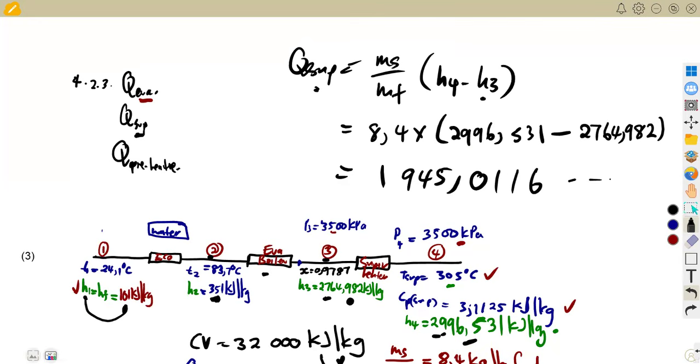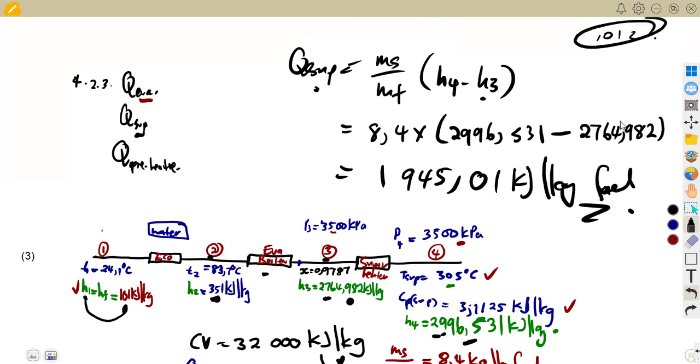So to 2 decimal places, it's just going to be 01 kilojoules per kilogram fuel. So that was it. But according to me, it was going to be 0.012 to 3 decimal places. No problem. Okay, so that was it there. That's your heat that is absorbed by the superheater.